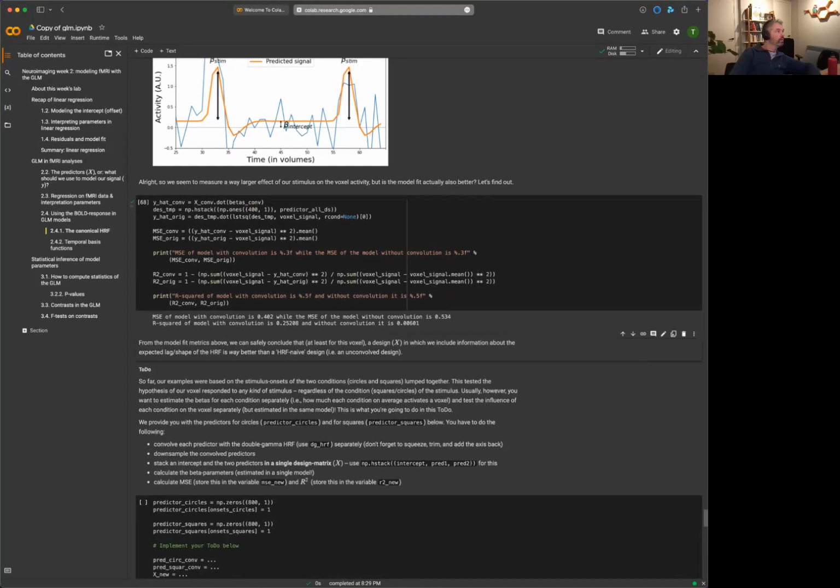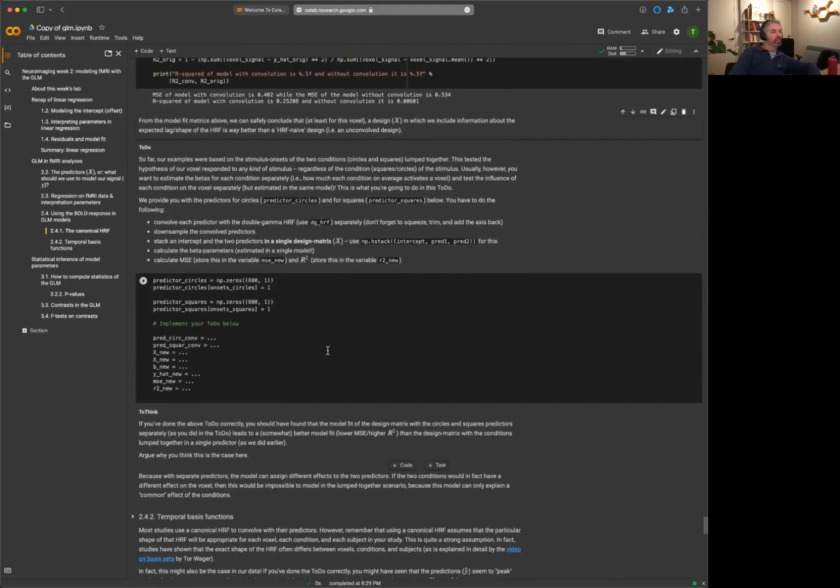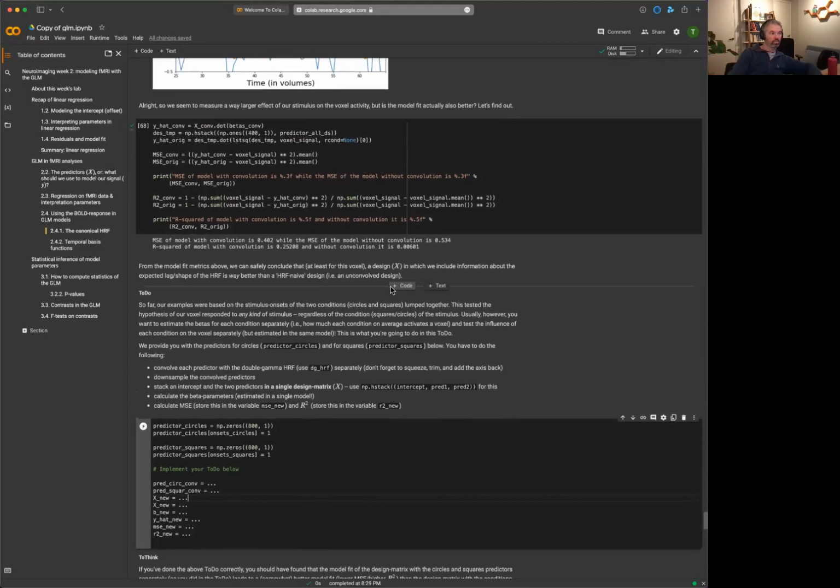So what we've done up until now is set up only a single onset type in our analysis, right? We've created only a single regressor, and we haven't cared about whether there were squares or circles being shown.